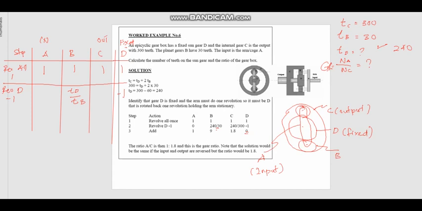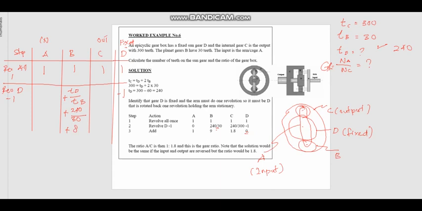So since D is minus 1, then B should be plus. Okay, so let's plug in the numbers. TD is equal to 240 divided by TB is equal to 30. So this is plus 8.